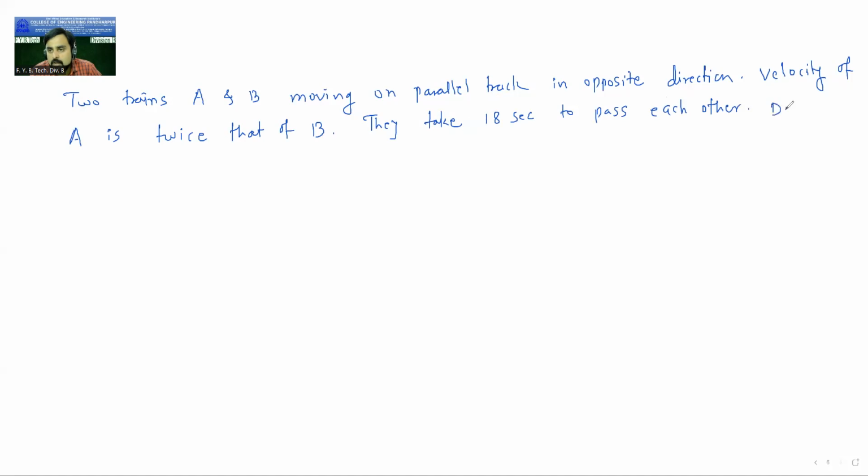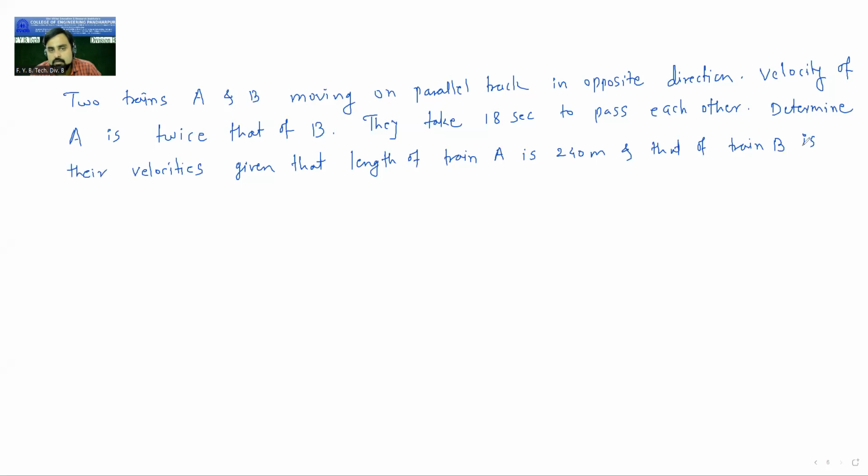Determine their velocities, given that length of train A is 240 meters and that of train B is 300 meters. Now read the problem and let me know how to solve this.